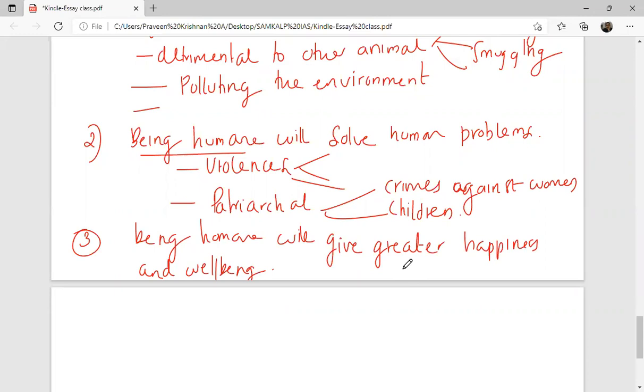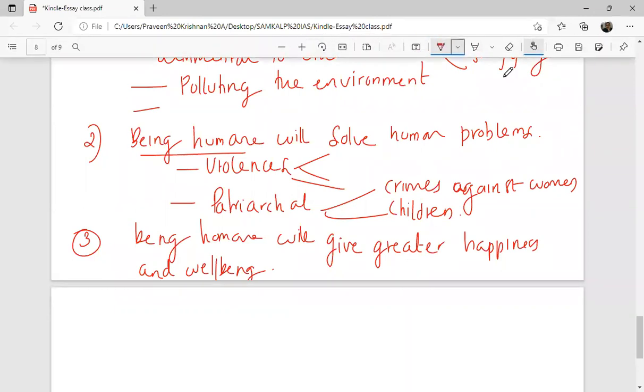Being humane means you can speak about the joy of giving whatever excess that you have to the needy people, or showing compassion. Showing compassion generates positive feelings inside you, and you get a positive pleasure out of it. You feel that your life is fulfilled, and that your life has a purpose or a value, and that in turn gives you greater happiness, and in turn a greater well-being. This is what I want to discuss.